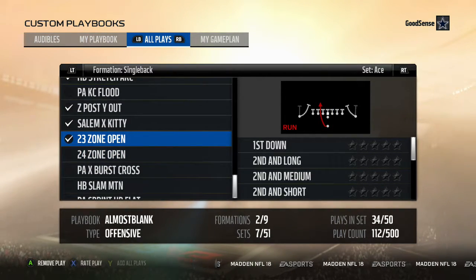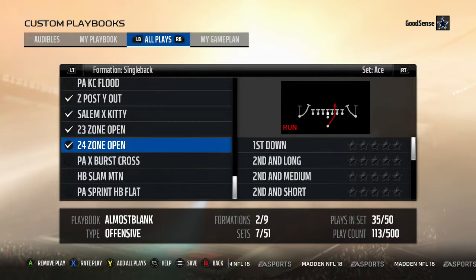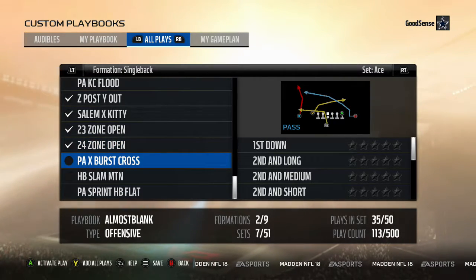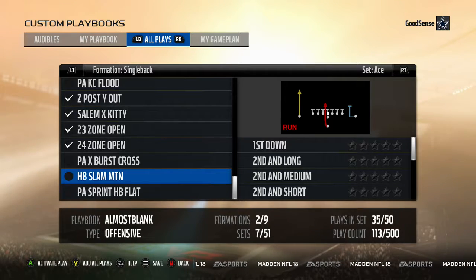And as I said, this is the playbook that I create just to take a look at plays to see what's in it. Do I like them or not?